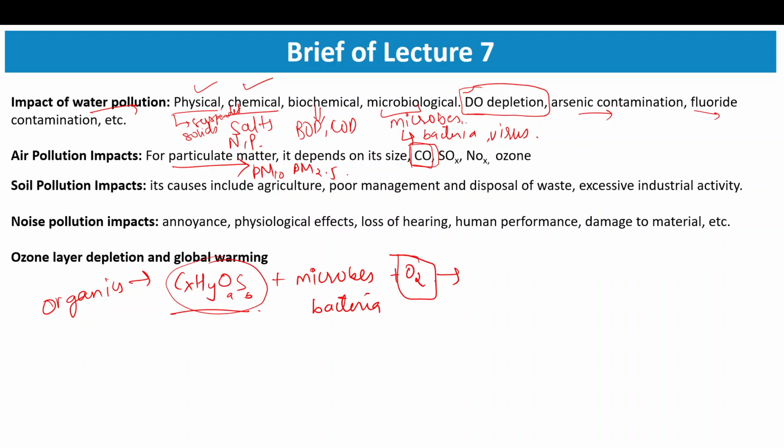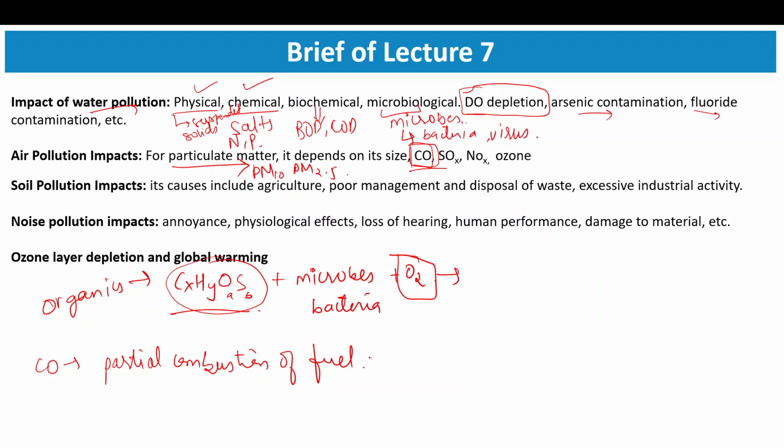Carbon monoxide arises due to combustion of fuel. Yes, it actually arises because of partial combustion, because if it is complete combustion, then it has to be CO2. So if you are using fuel in a vehicle and there is some partial combustion of fuel, it will result in carbon monoxide formation.